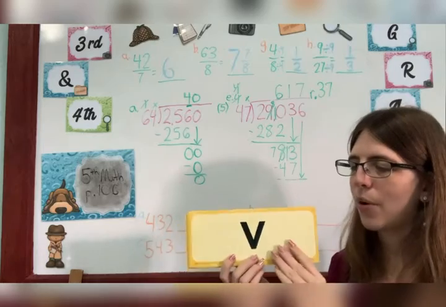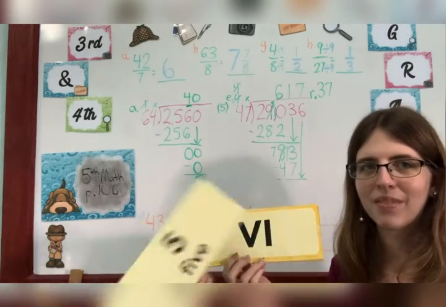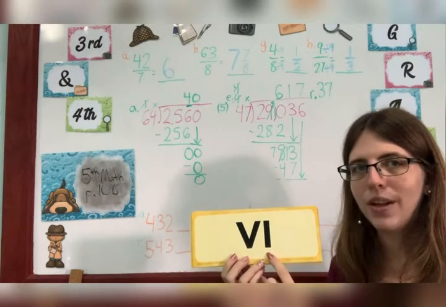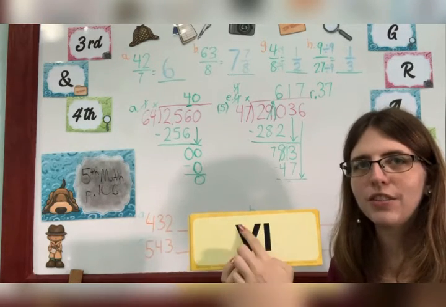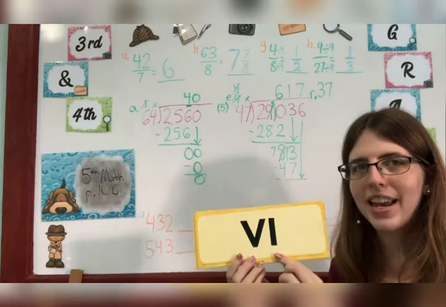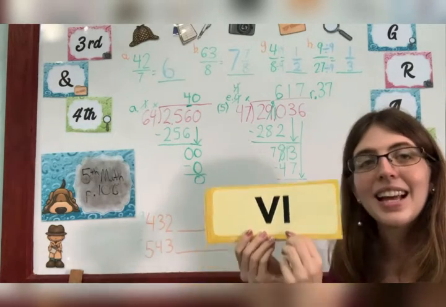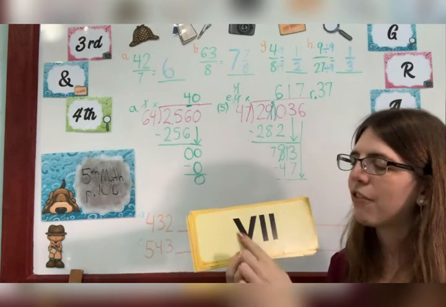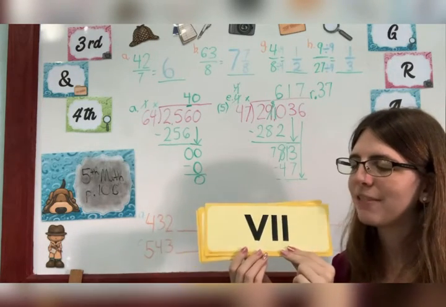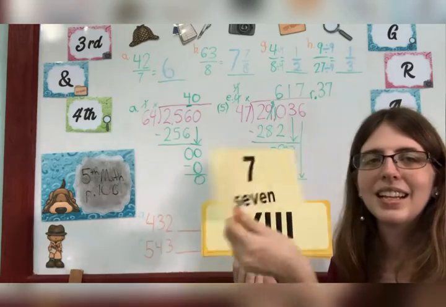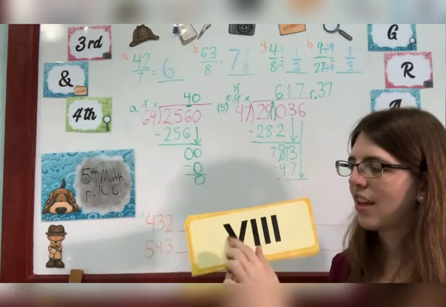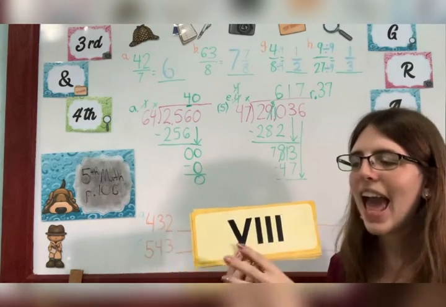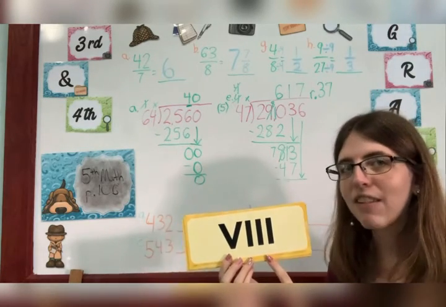And V, we know, is 5. If I have a smaller symbol after the bigger symbol, I add it. So this is 5 plus 1 is 6. So here I have 5 plus 2 is 7. 5 plus 3 is 8. But this is it. I can't have more than 3.